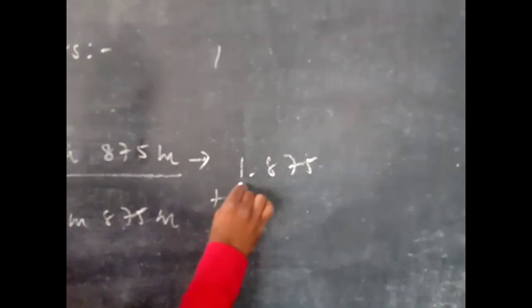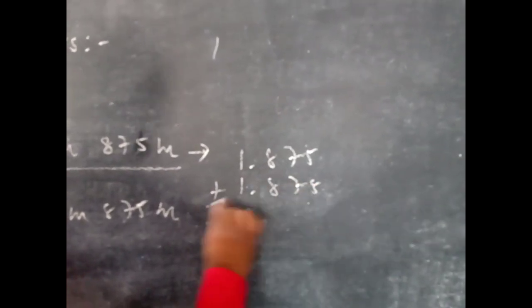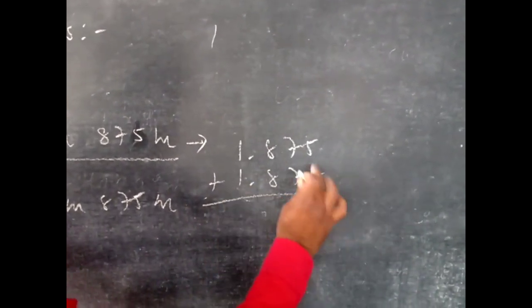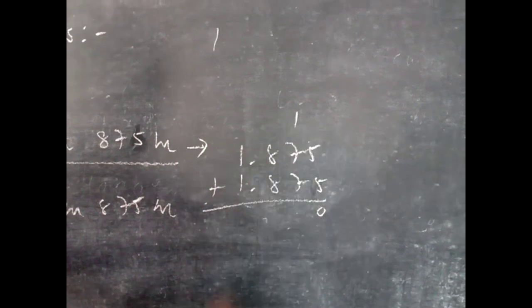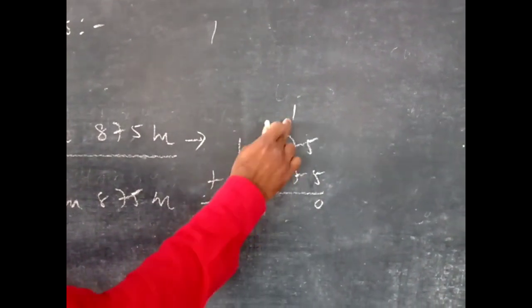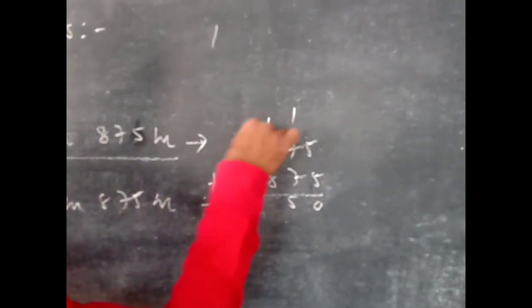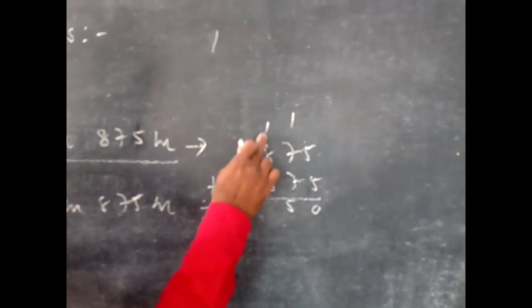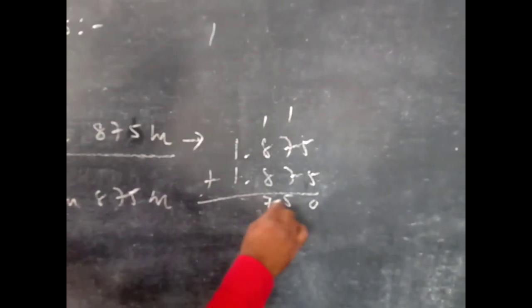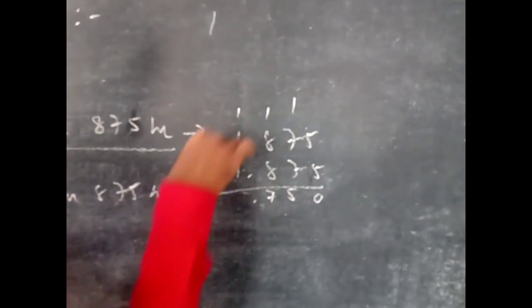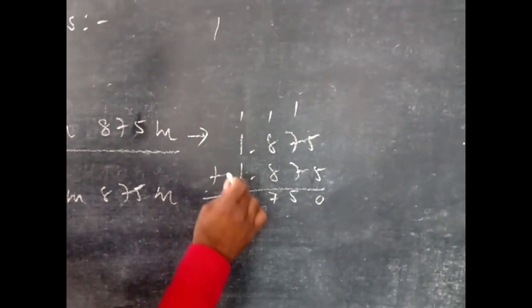So 1.875 plus 1.875. 5 plus 5 is 10, 1, 7 plus 7 is 14 plus 1, 15, so 1, 8 plus 8 is 16 plus 1, 17, right? So 1 plus 1 is 2, 3.